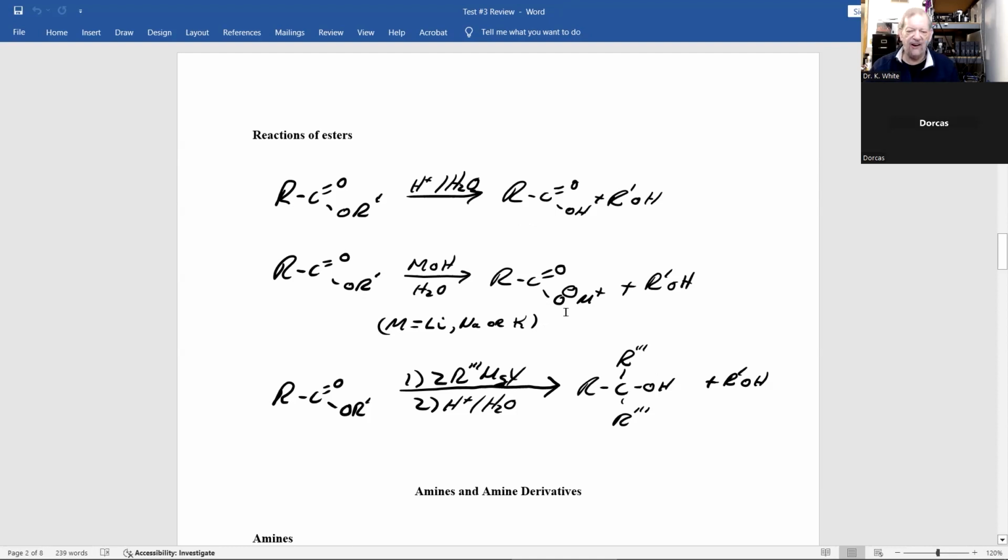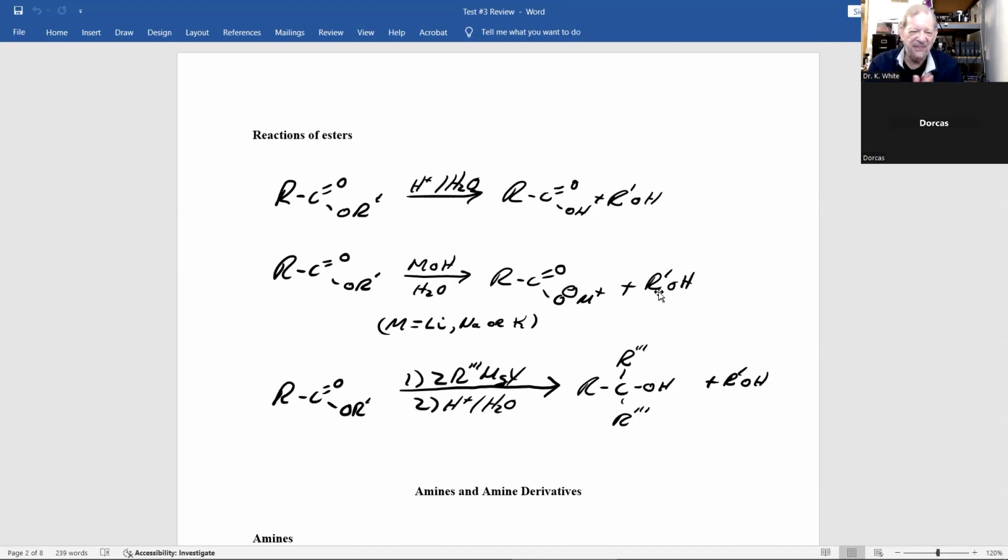So you don't get the carboxylic acid you would have used to make that ester, you get the carboxylate anion. If you put the carboxylic acid there, I'll take all points because it's wrong. And you also get back the alcohol you would have used to make that ester.